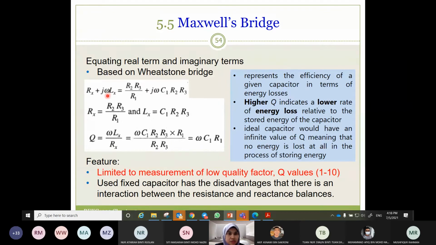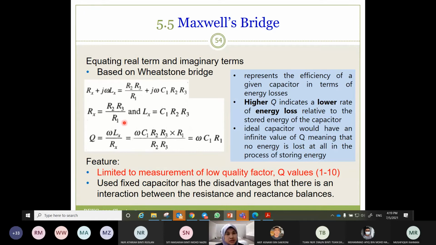So J omega Lx is equal to J omega C1 R2 R3. Please write properly, but this slide skips that step. It just goes to Lx is equal to C1 R2 R3, and cancels this J omega and this J omega. So this is the final answer.